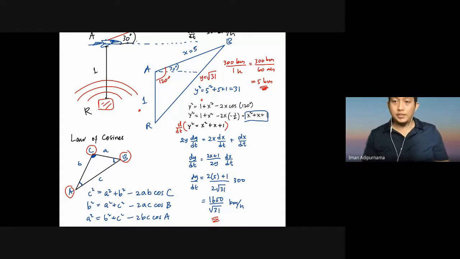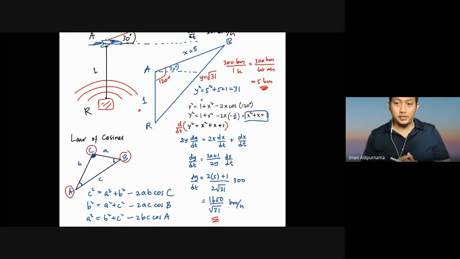The next section is 3.10, about linear approximations and differentials. We have 3.11, hyperbolic functions, that we will skip. Why will we skip the hyperbolic functions? Because how we use them is actually similar to what we have in trigonometry.